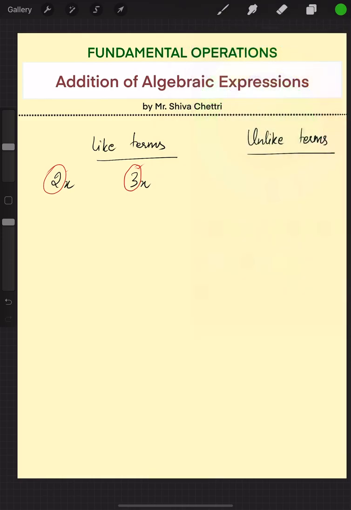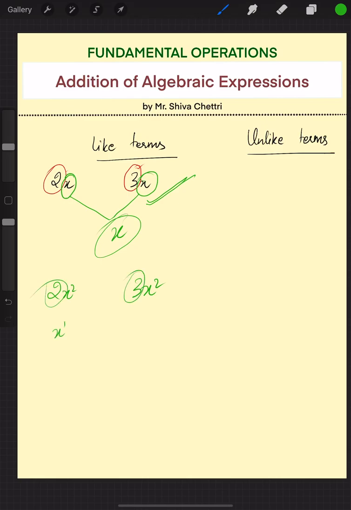Let me mark it with green color: the variable is x, so that's why it is called a like term. If it is 2x square, it should be 3x square or any number. It is not necessary that it has to be 2 and 3. It can be x square and 100 x square, because it is x square and also x square. That is a like term.